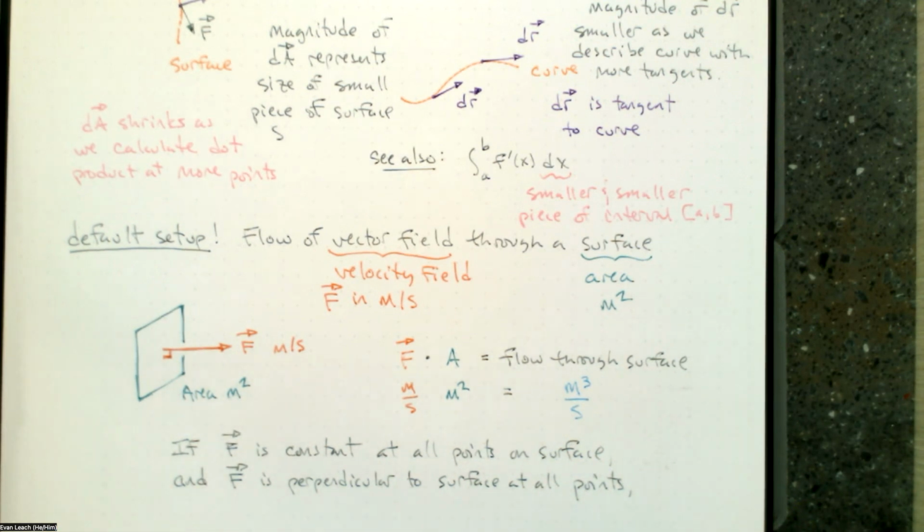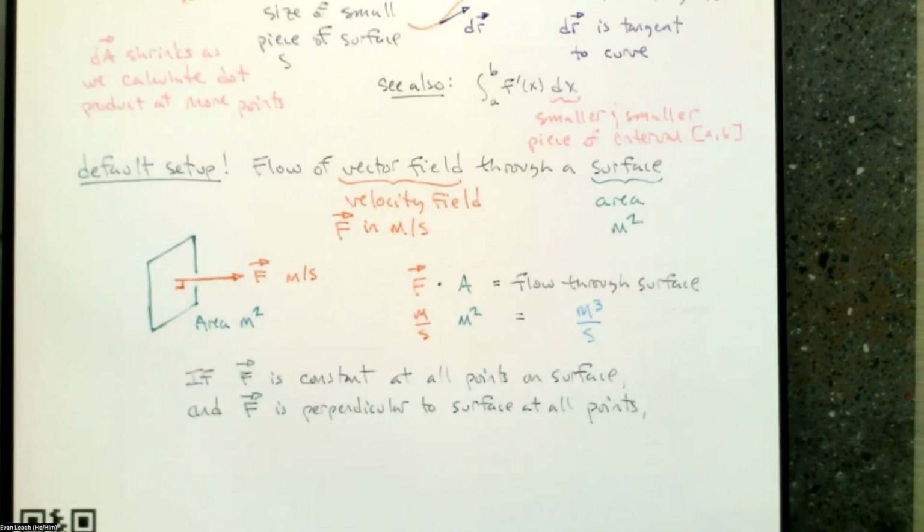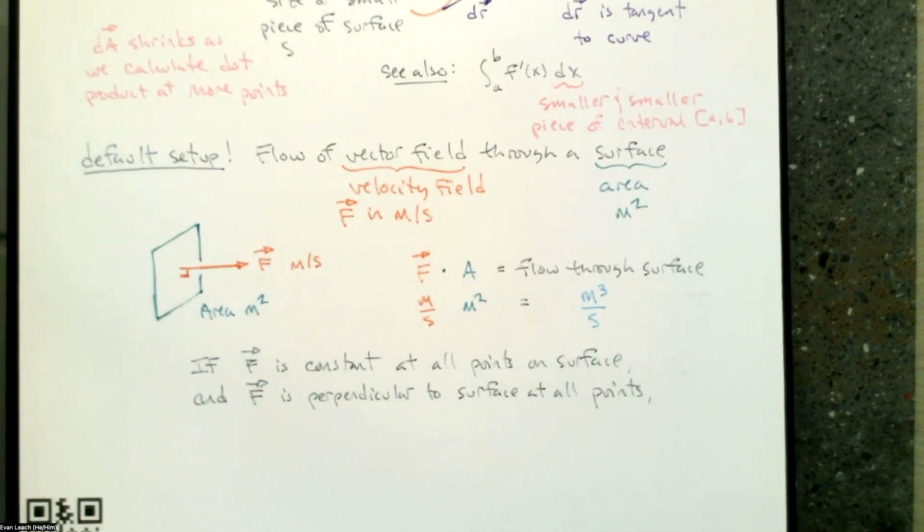That's the baseline state when things are not continuously variable. This is what integration is trying to do. Integration is multiplication when things are continuously variable. Since we are multiplying with the dot product, that means two things. Not just the same magnitude, but the same direction, perpendicular at all the points.